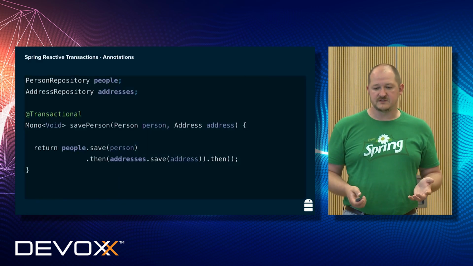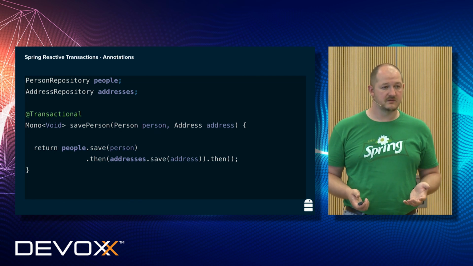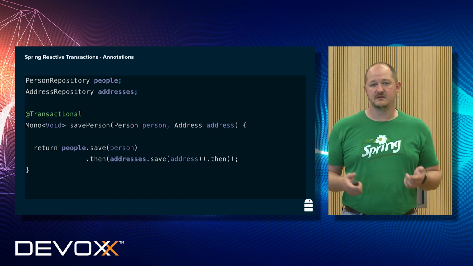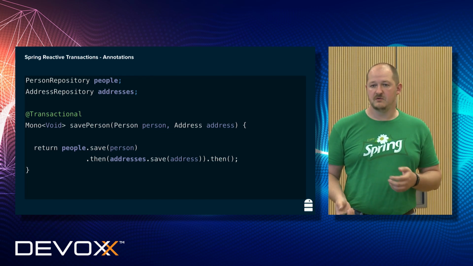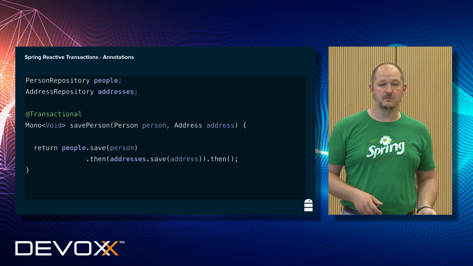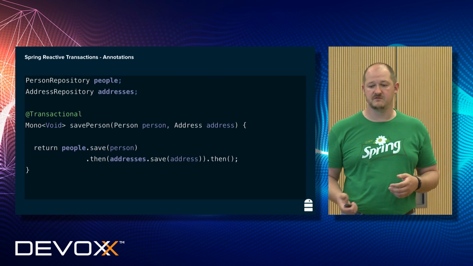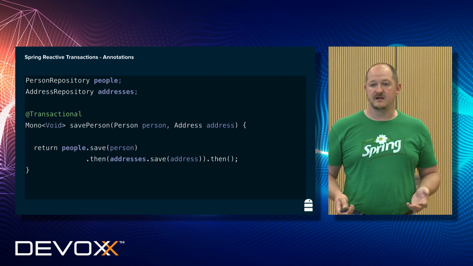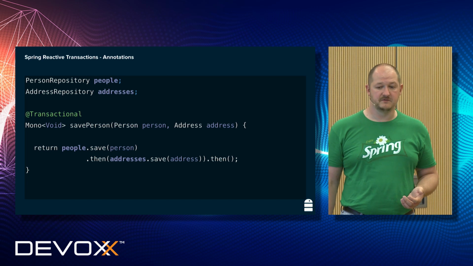And what reactive transactions really look like in Spring Framework with reactive operators is exactly the same style as they would be expressed in imperative style coding. You can use @Transactional on method levels. The only thing which is different is the return type. We no longer deal with a void or a person, but rather with a Mono of void or with a Flux of person. And everything else is managed by Spring Framework itself.